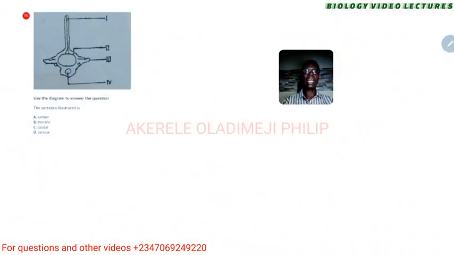Now, looking at this vertebra illustrated here, this is one of the backbones. The bones that make up the vertebral column are actually 34, or sorry, 33. Let's do that together. The first one around the neck is called cervical, which is 7 in number.